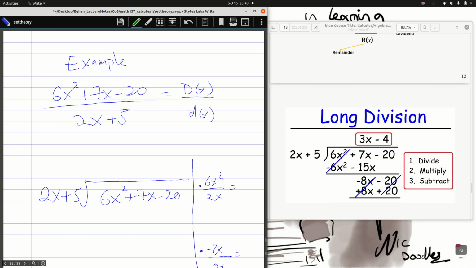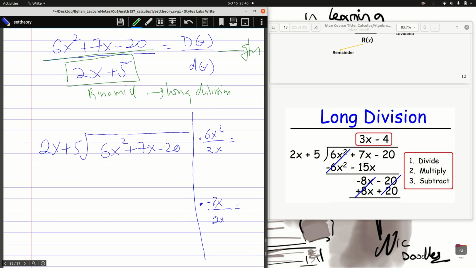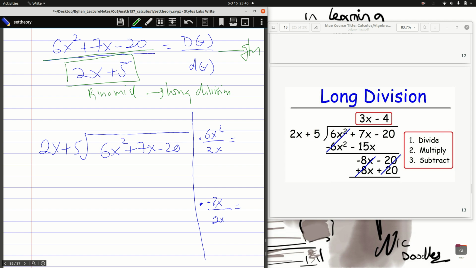The first example, this is the question: divide the numerator by 2x plus 5. Because it's a binomial divisor, I have to use the long division approach. And how do we use long division? As you can see in slide 13, we divide, we multiply, we subtract. So I first write my long division symbol.